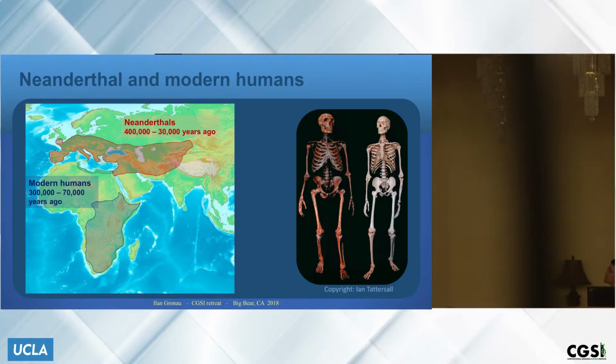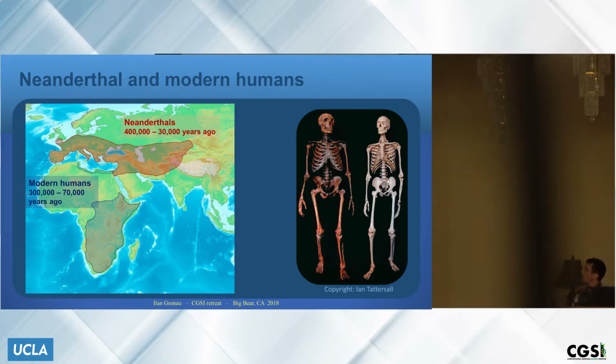Our ancestors were pretty much confined to Africa, say 300,000 years ago, and a separate group then evolved in the Middle East and Europe and Asia, and these were Neanderthals. So for about 500,000 years, there were two separate groups of humans that evolved in different parts of the world.